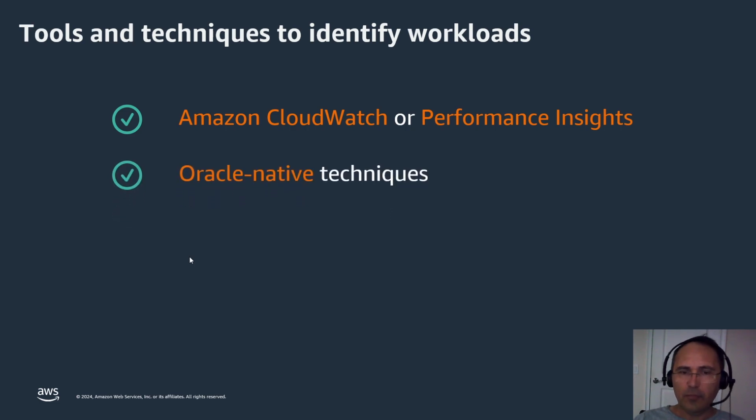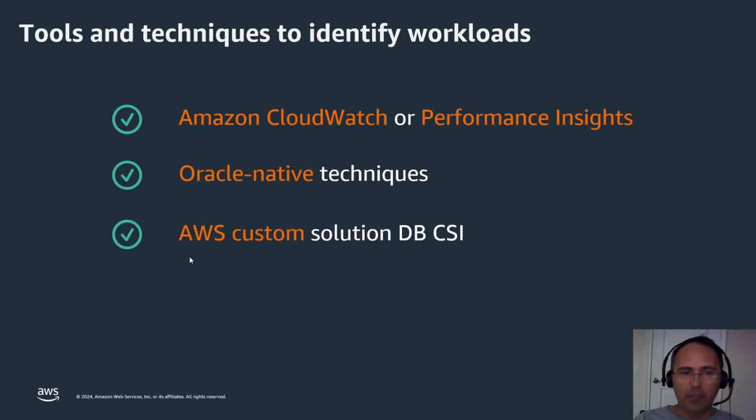candidates. Now, if you're on-prem, then you have to use Oracle native techniques, and I will show you a SQL command that can help you do that, to find the top SQL commands and whether you do a lot more reads or a lot more writes. Another option available if you're on-prem is a tool that you can download that has been updated.